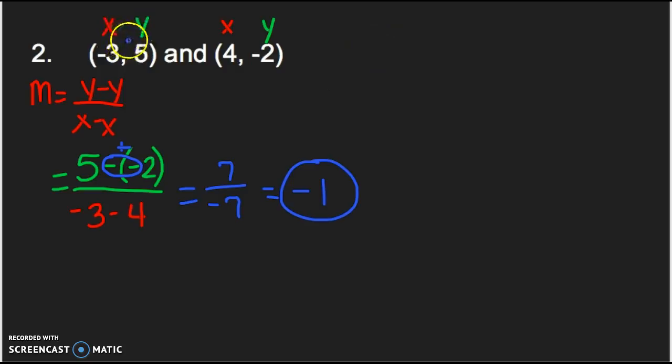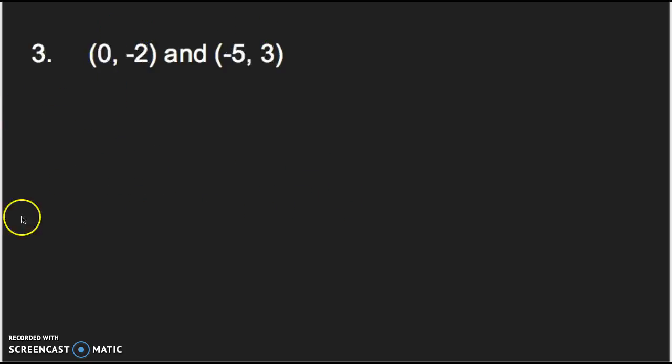Okay, now let's look at one more example here. Okay, let's say our points are (0, -2) and (-5, 3). Okay, so keep in mind your x values are 0 and -5. y values are -2 and 3. So again, here's my setup.